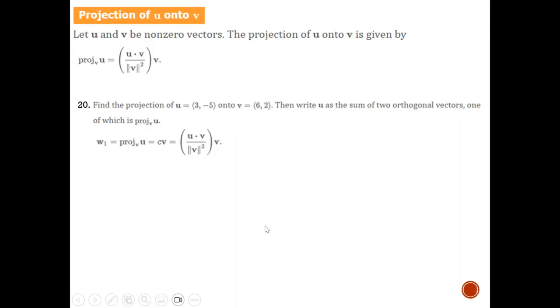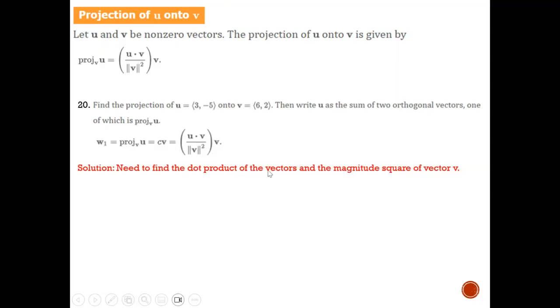Now, I believe this is the second to last one. You're asked to find the projection of u onto v. Then write u as the sum of two orthogonal vectors, one of which is the projection of u onto v. Okay, so this is the formula. W1 is equal to the projection of u onto v, which is u dot product v over the magnitude of v squared.